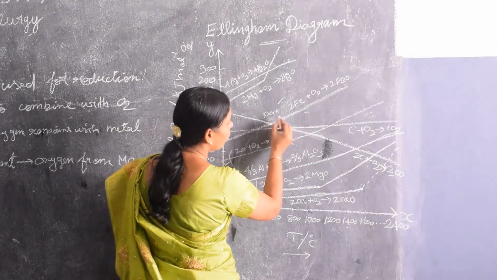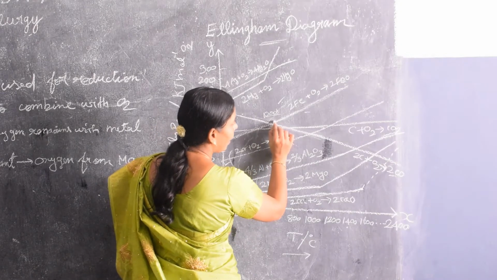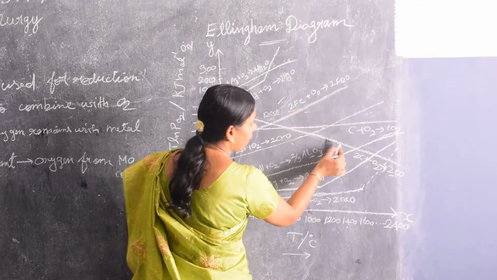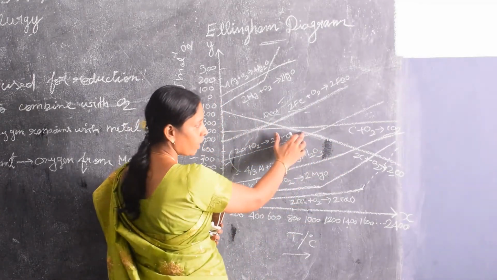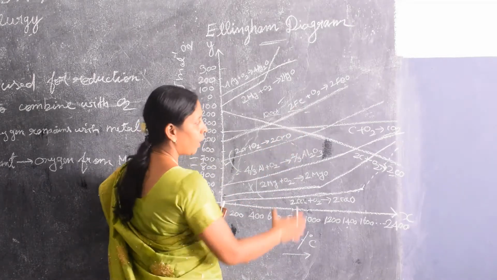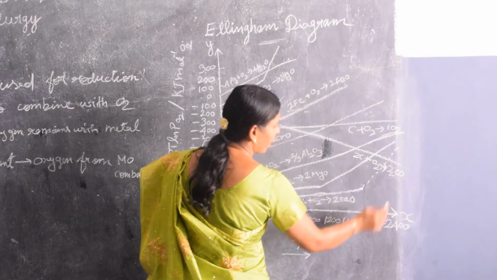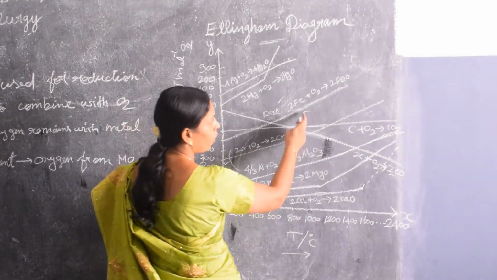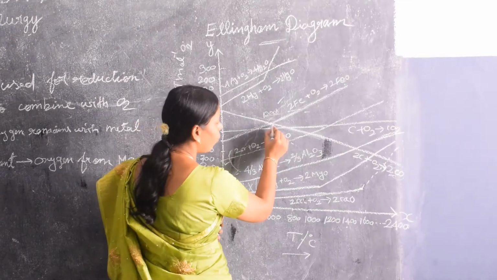But above 1000 Kelvin, iron oxide is upper part and carbon monoxide is in a lower part, கீழே இருக்கு, இது மேல இருக்கு. இப்போ என்ன பண்ண முடியும்? Above the 1000 Kelvin temperature, carbon monoxide can be used as a reducing agent for ferrous oxide or iron oxide. Okay, above the temperature.